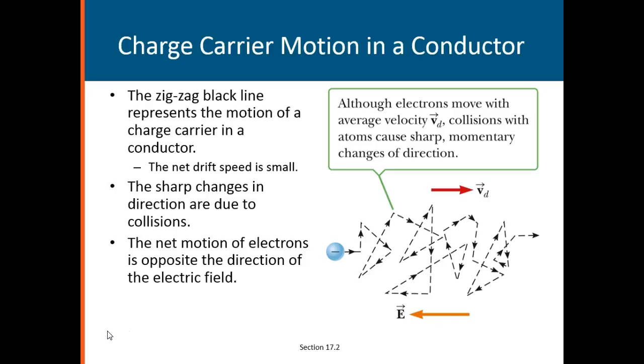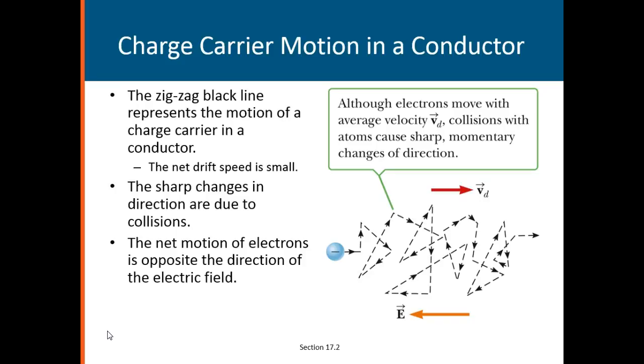Although the electrons move with an average velocity V sub D, the collisions with atoms cause sharp, momentary changes in direction. Every one of those is a collision with either an atom or possibly another electron. Usually it's an atom. It could be an ion too, but they're going to hit them, guaranteed.